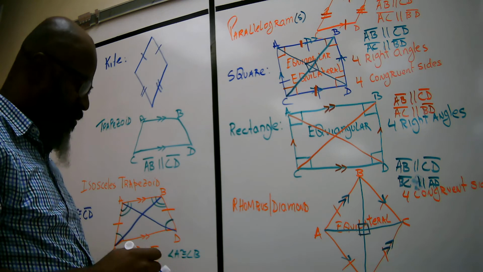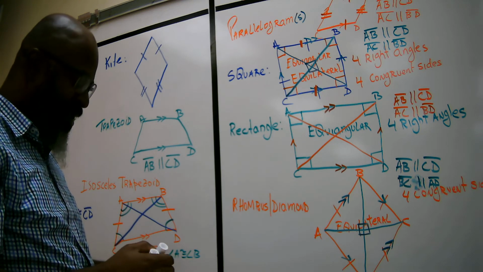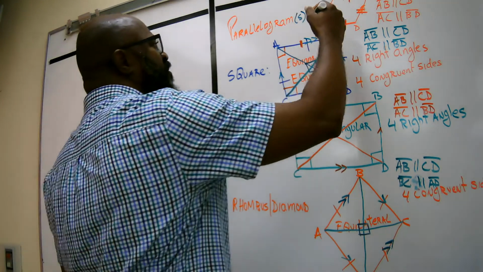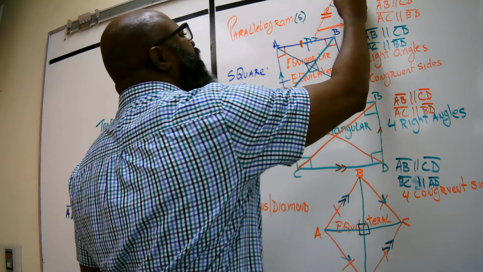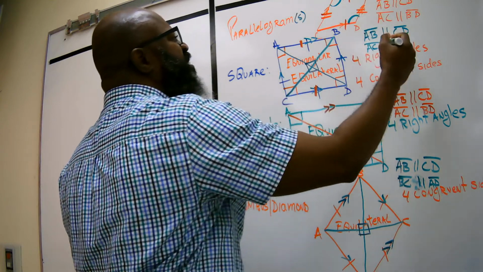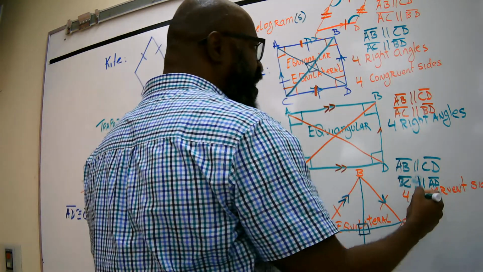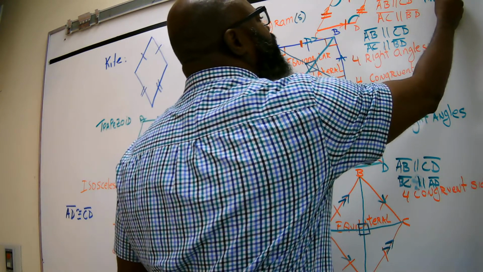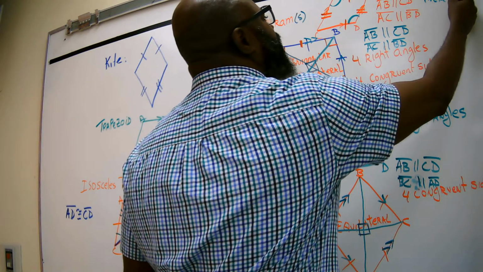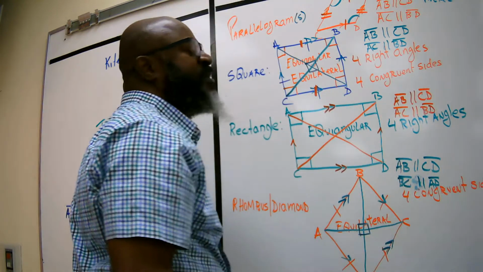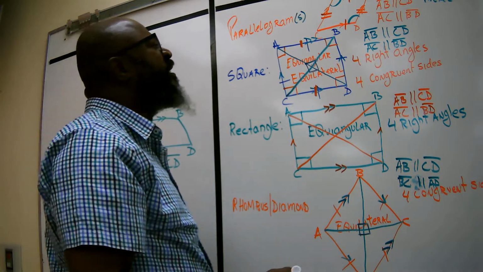Alright, in a parallelogram, opposite angles are congruent. Angles that face each other are congruent. In this case, angle A is congruent to angle D. The measure of angle A is congruent to the measure of angle D. Right?